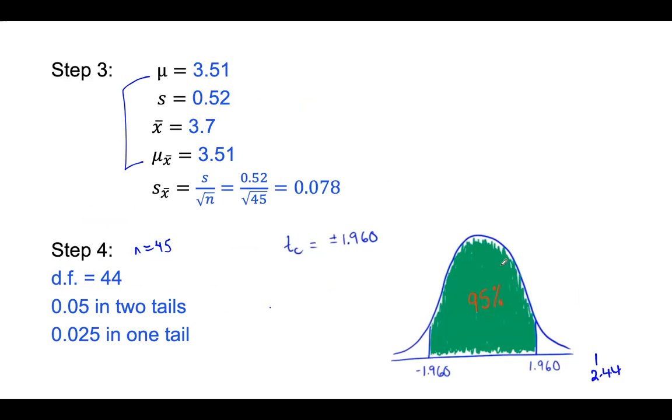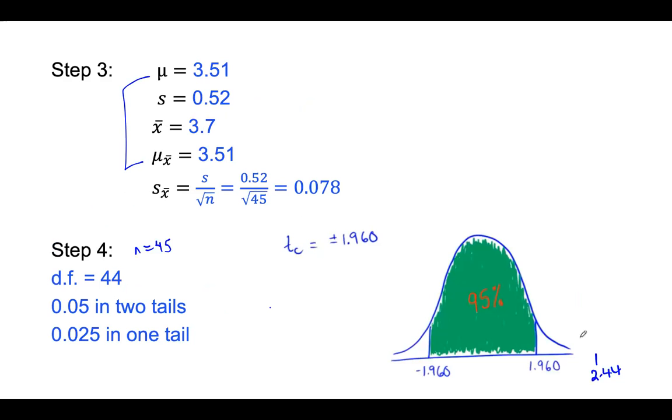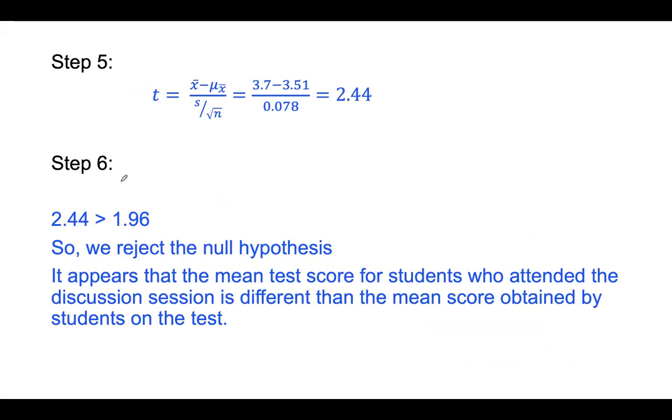Therefore, what are we going to do? We reject that null hypothesis. This is where we reject the null, and this is where we accept, of course, the null hypothesis. We reject that null hypothesis because with this data, this test statistic is in this region. So this is why we reject it.